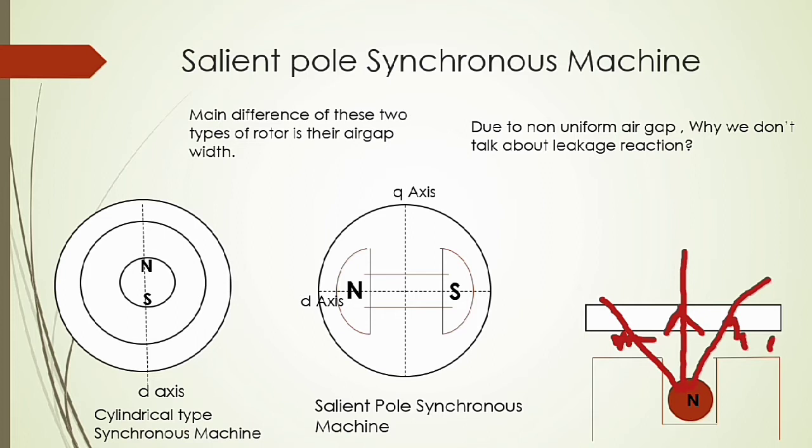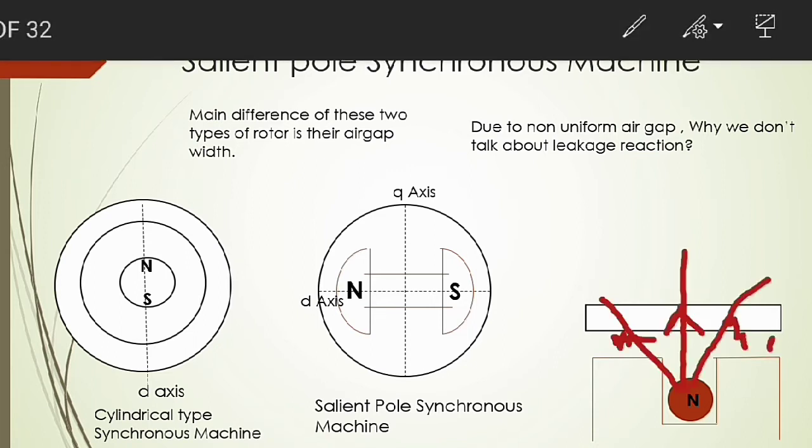Why? Because leakage reactance is due to leakage flux. As we know, leakage flux is stator flux which closes on itself. That means the flux which closes on itself is called the leakage flux.